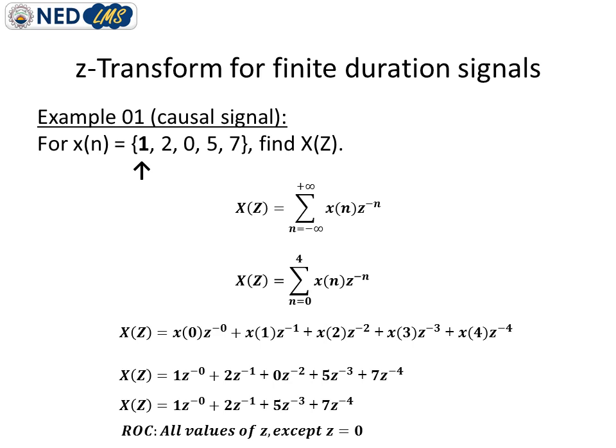As you can notice, when you transform this z raised to power minus 1 to the denominator, it becomes 2 over z raised to power 1, and similarly for this 5 into z raised to power minus 3, when you transform it into the denominator, it will become 5 upon z raised to power 3, and similarly the last term 7 into z raised to power minus 4 will become 7 over z raised to power 4.